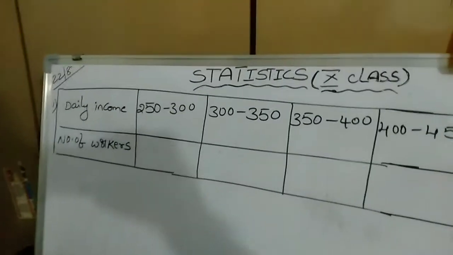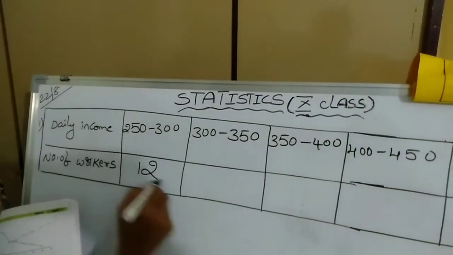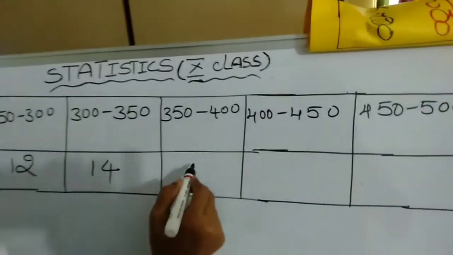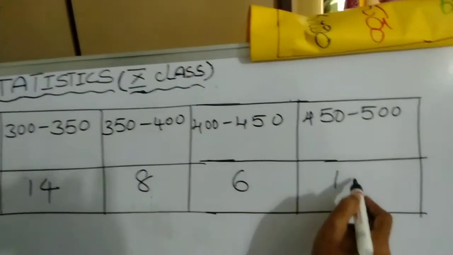And the respective number of workers are given here: 12, 14, 8, 6, 10.